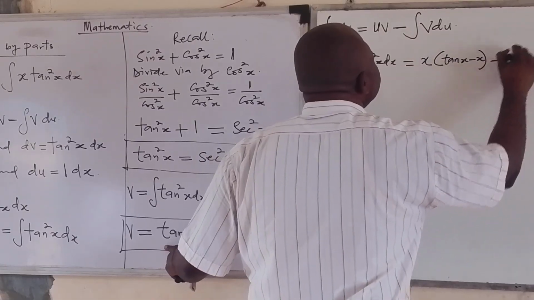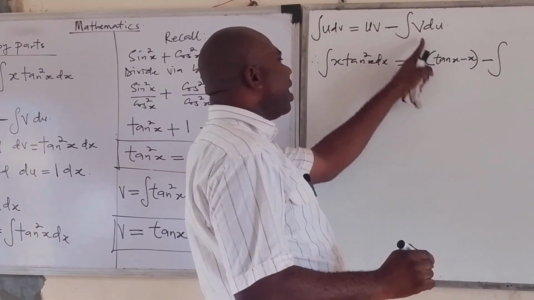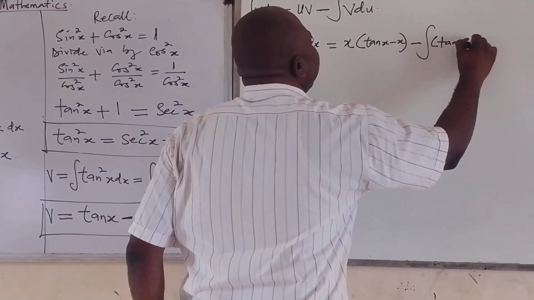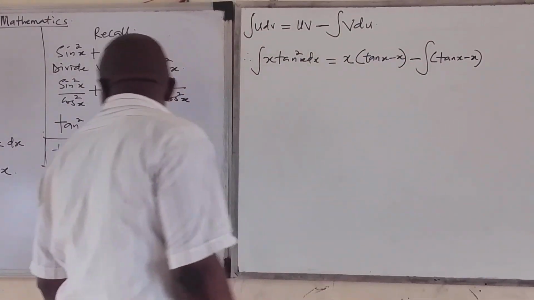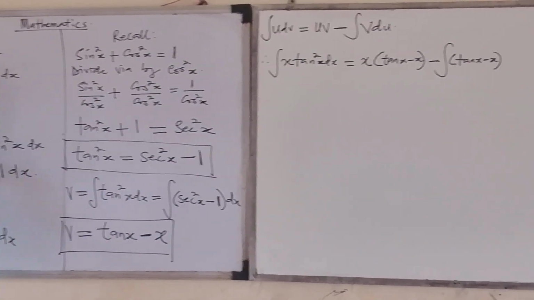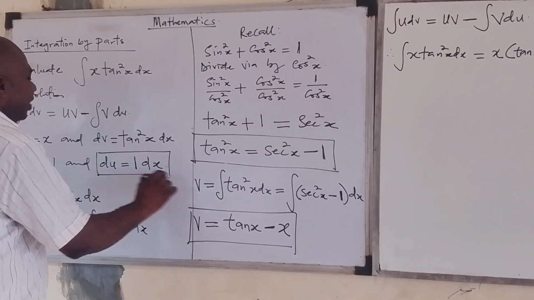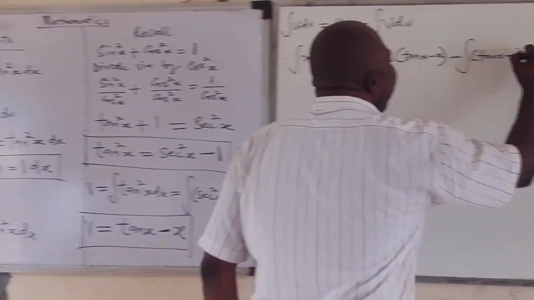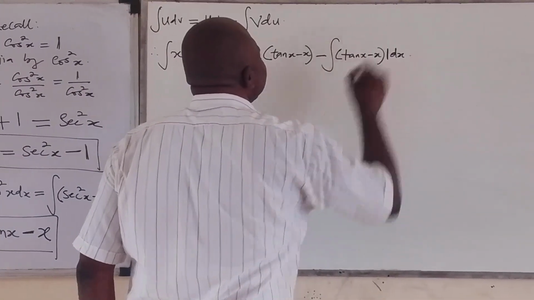Then minus the integral of v du: the value of v is tan x minus x, and our du is 1 dx.